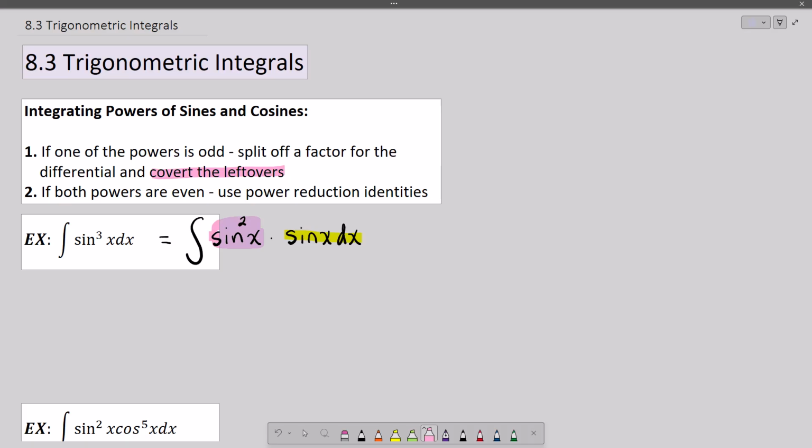If we had cosines here, we would convert them to sines. All right? And we have a Pythagorean theorem that allows us to convert. Right? If we have sine squared, that's 1 minus cosine squared. If we had cosine squared, that's 1 minus sine squared. So we use the Pythagorean theorem to convert the leftovers. Okay, those guys are left over. We're going to convert them.